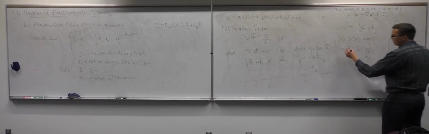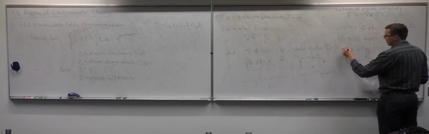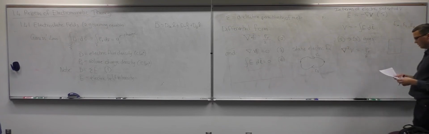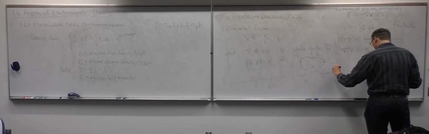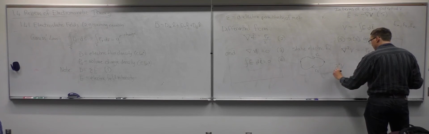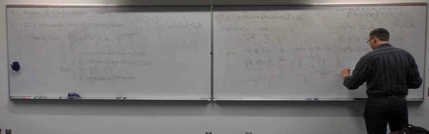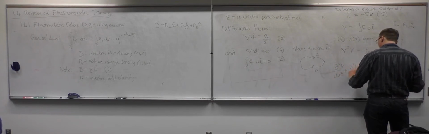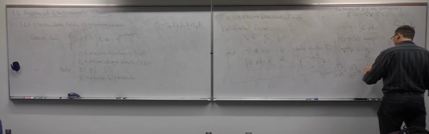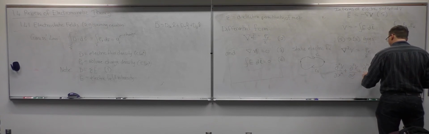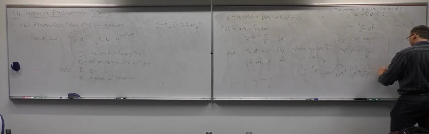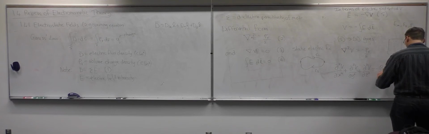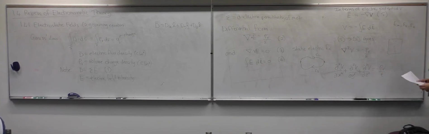I can expand that out if you want. So del squared V del x squared plus del squared V del y squared plus del squared V del z squared is equal to, the right side is the charge term.